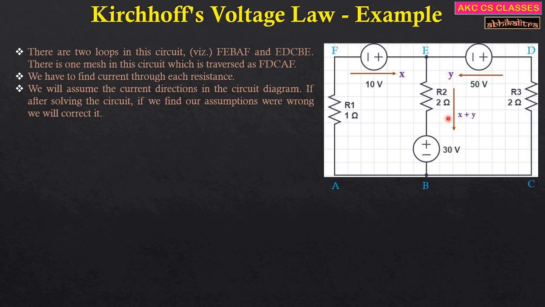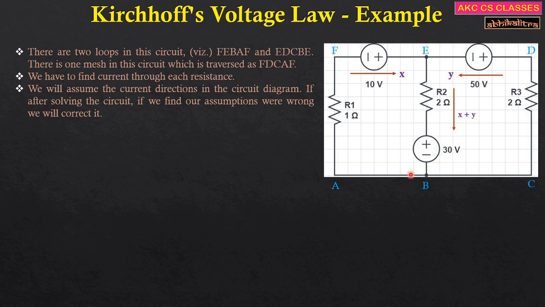So obviously this current will leave the junction, and if X and Y are meeting at this junction, the current that is coming out from this junction has to be X plus Y, so that the total summation including the signs would be equal to 0. Now when this X plus Y reaches this particular point, again the current will move in two different directions.